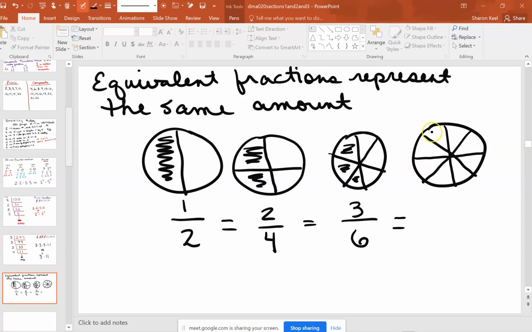If I have a pizza that's divided into 8 even pieces and I eat 4 out of the 8, it is still an equivalent amount. So equivalent fractions represent the same amount, but we're using different numbers to do so.